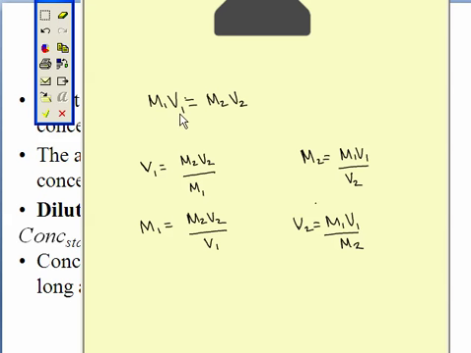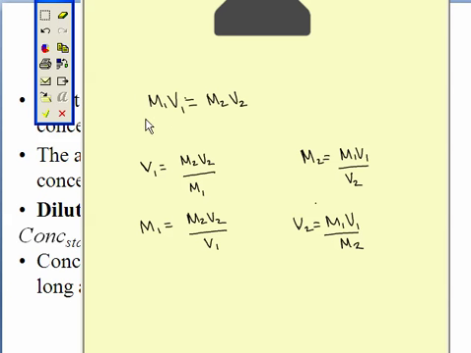All right, so let's look at this equation in terms of molarity. It's written M1V1, our initial molarity times our initial volume, is equal to our final molarity times our final volume. And I always have the more concentrated side on the left-hand side, because when we dilute, we're going to add water to the more concentrated molarity.